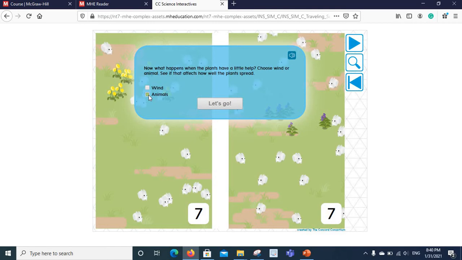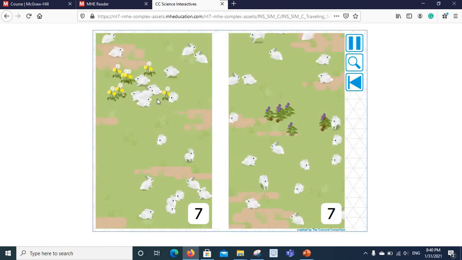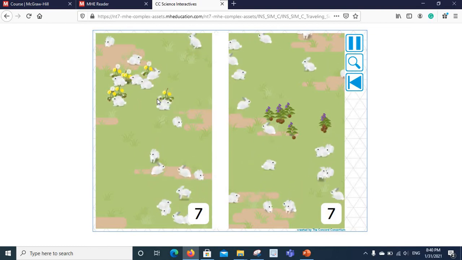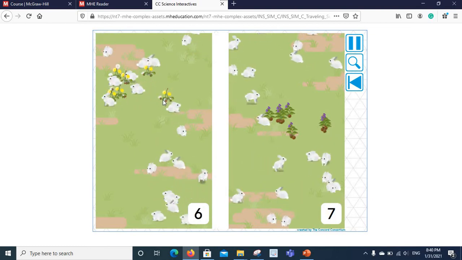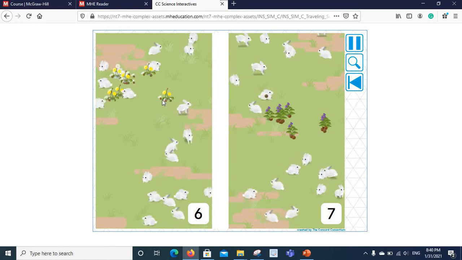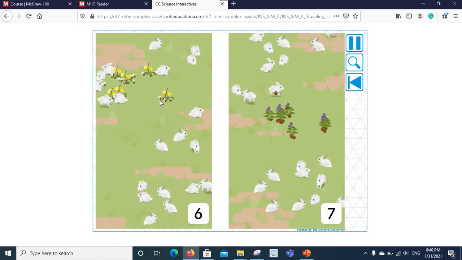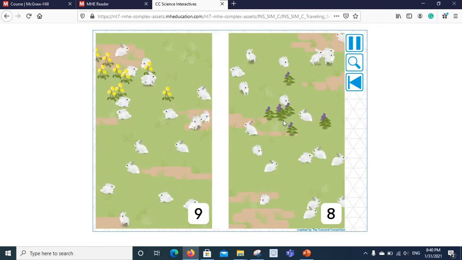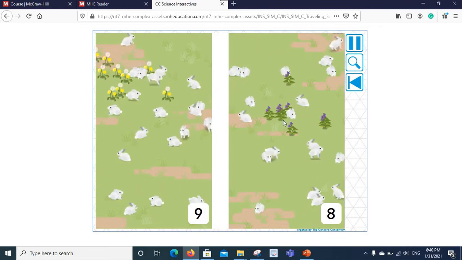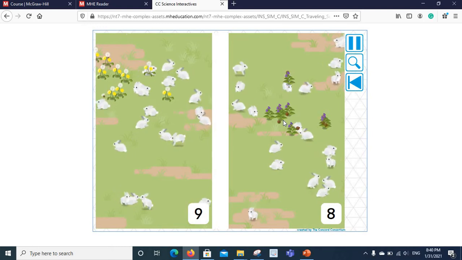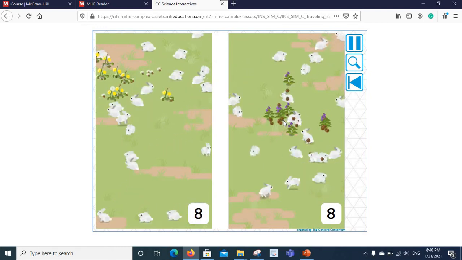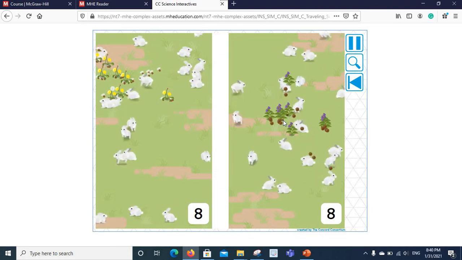Let's see. We will start with animals. Now there are a lot of rabbits. The seed of this plant is very light. It's a dandelion, but the seed of this plant is heavy and it has a sharp shape, so it can stick to rabbit fur.